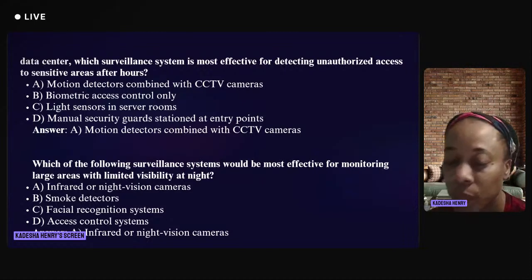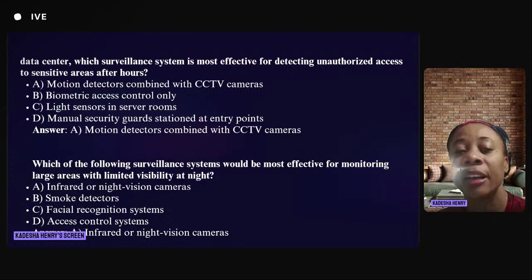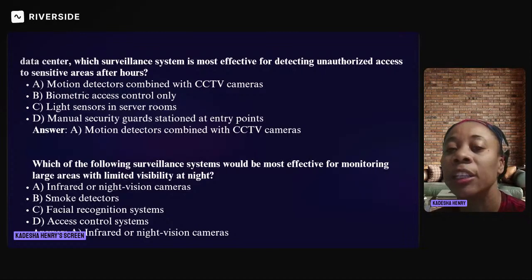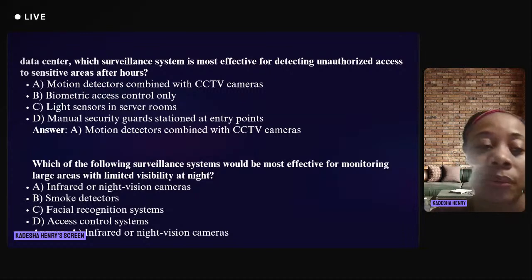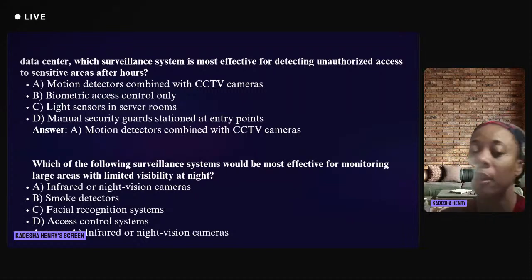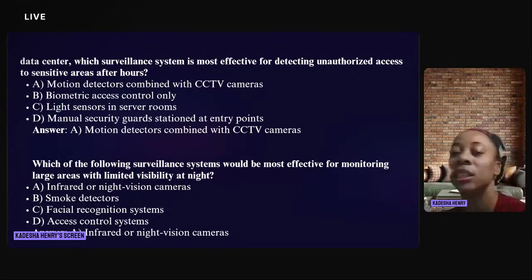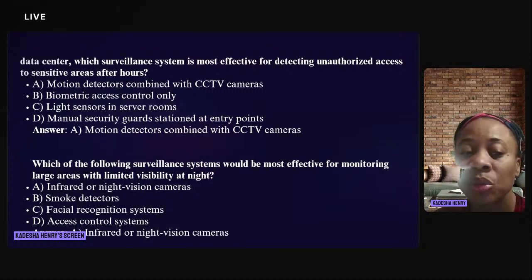So let's move on to the next question. Data center, which surveillance system is most effective for detecting unauthorized access to sensitive area after hours? Which one of them would you use to be more effective? Is it A, motion detector combined with CCTV camera? B, biometric access control only? C, light sensor in server room?